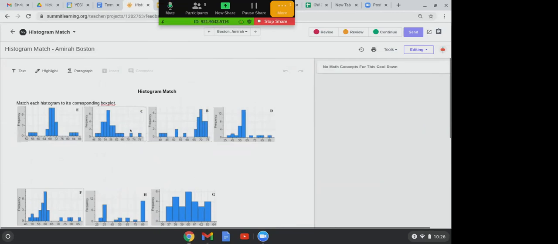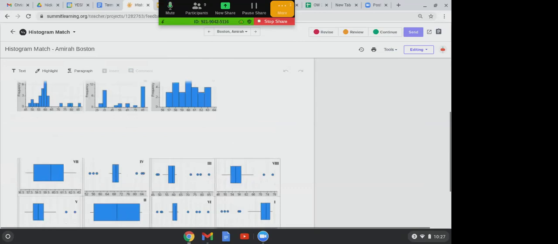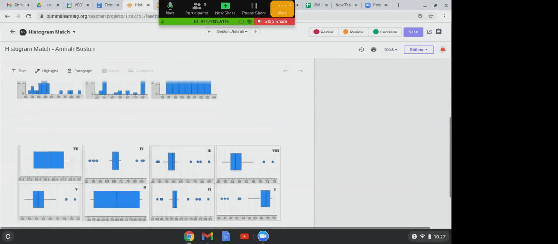Anything that is away from the bulk of the data is an outlier. So again, you see the bulk of the data, and then you have an outlier somewhere between 70 and 74, and you have another one somewhere between 77 and 79. So when you look down on the bottom, that's what you're going to look for. Okay? Make sense?